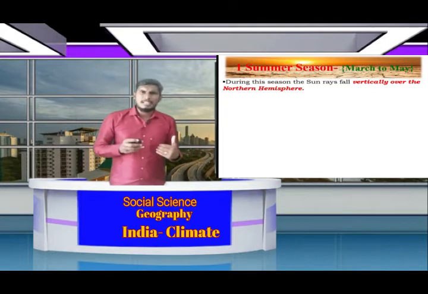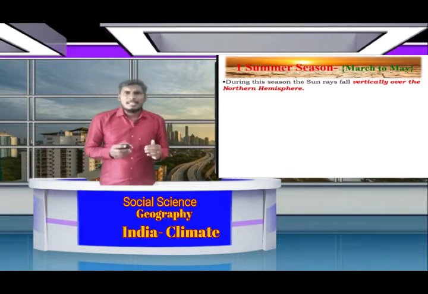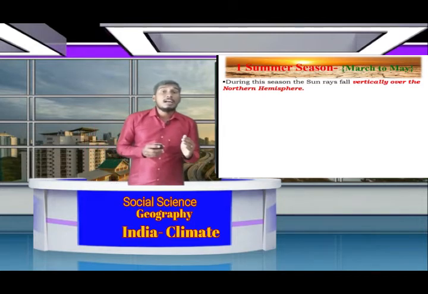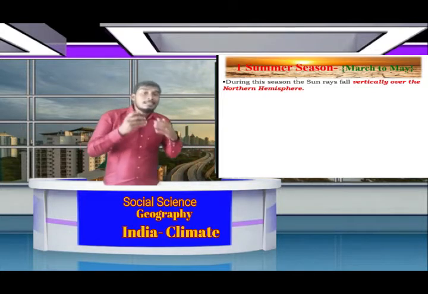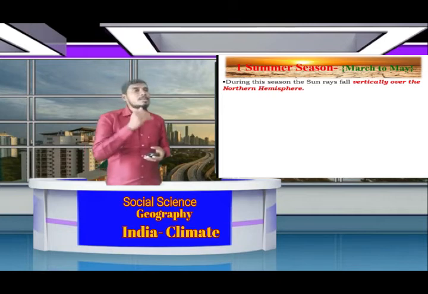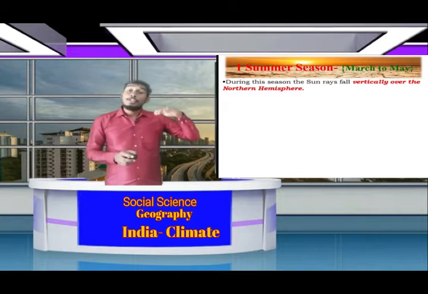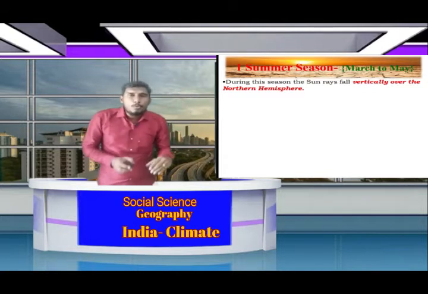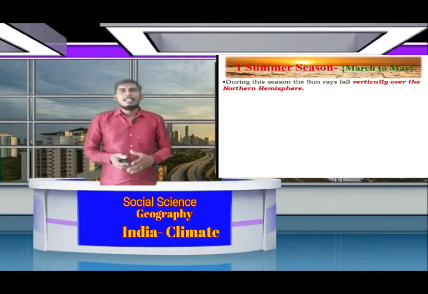Again, the reason for the summer season is that the sun's rays fall vertically over the northern hemisphere. Earlier it was in the southern hemisphere in the winter season. Now it falls on the northern hemisphere. So we feel the heat, and hence we have the summer season.